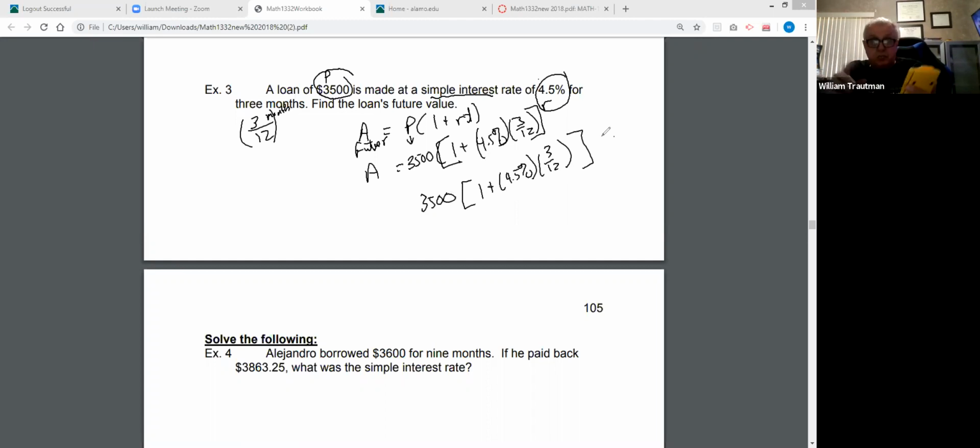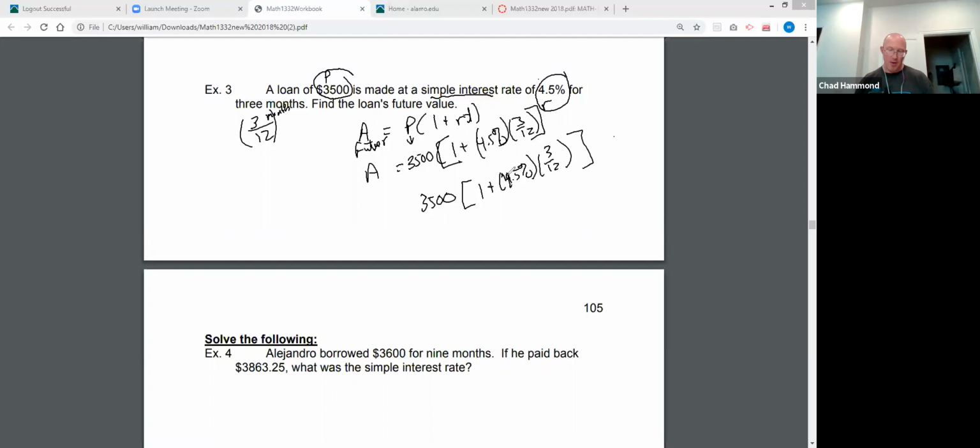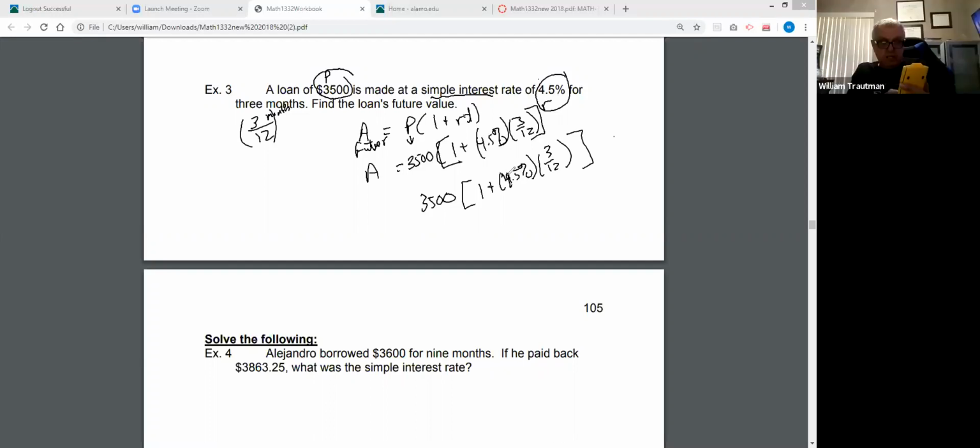Instead of a bracket, just put the parentheses. 3,500 parentheses 1 plus parentheses, 4.5%. Close that. 3 divided by 12. Close the parentheses. And I think I got what you got.